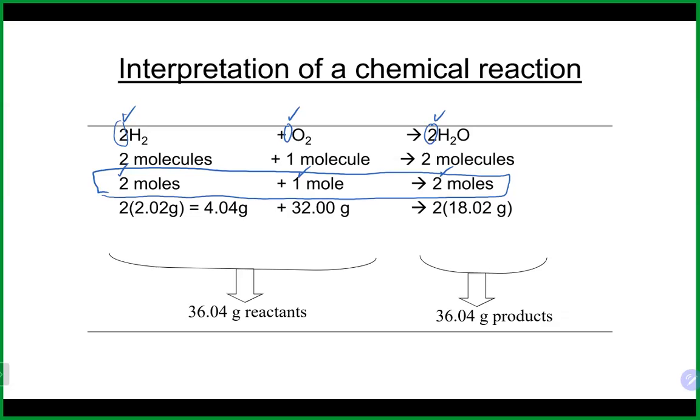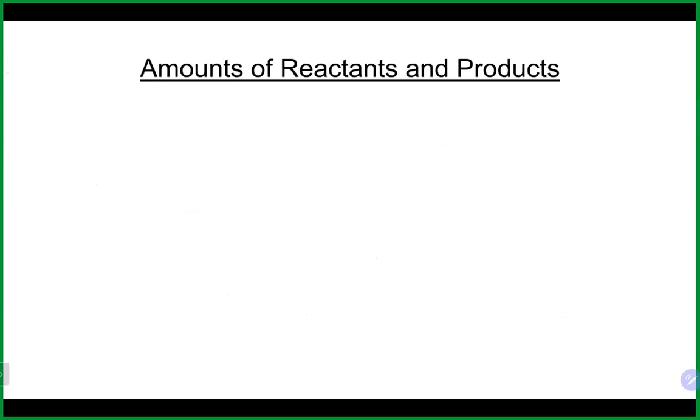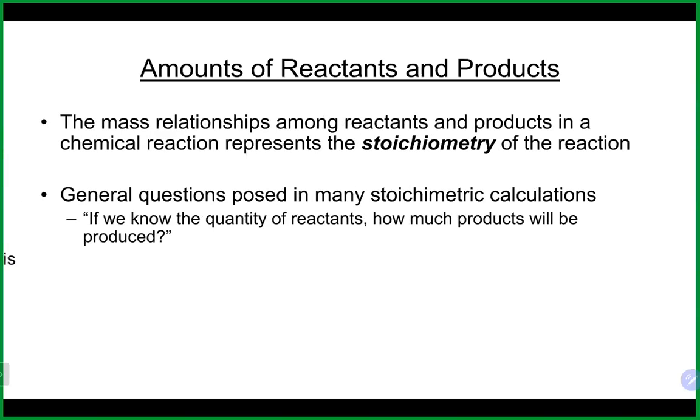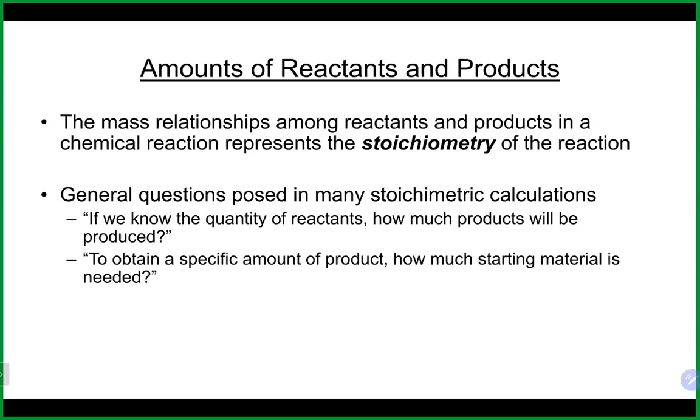So when we use this mole to mole relationship, what it allows us to figure out are questions like, if we throw into this equation so much reactants, how much products we should make, right? And we could also go the other way around. If we get out of this reaction so much products produced, we could actually back calculate using stoichiometry to figure out how much reactants we actually put in there.